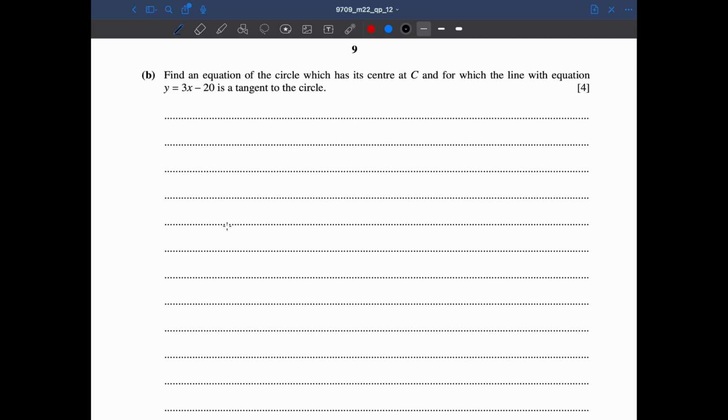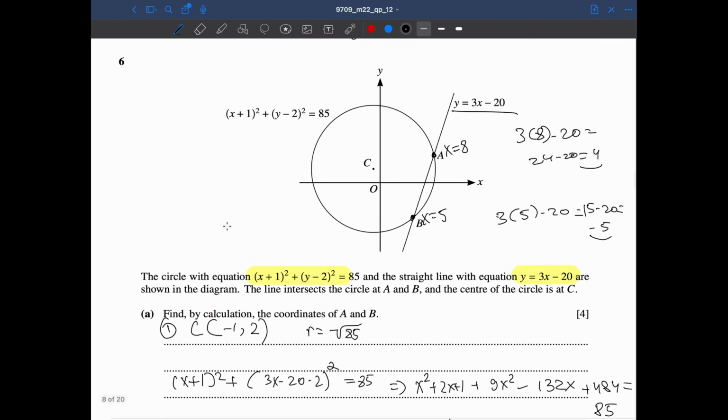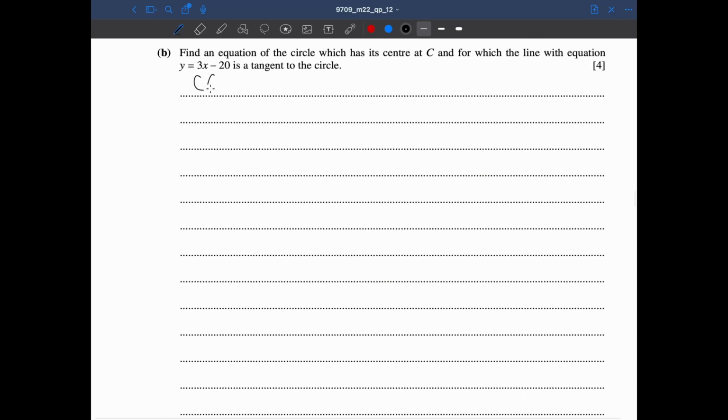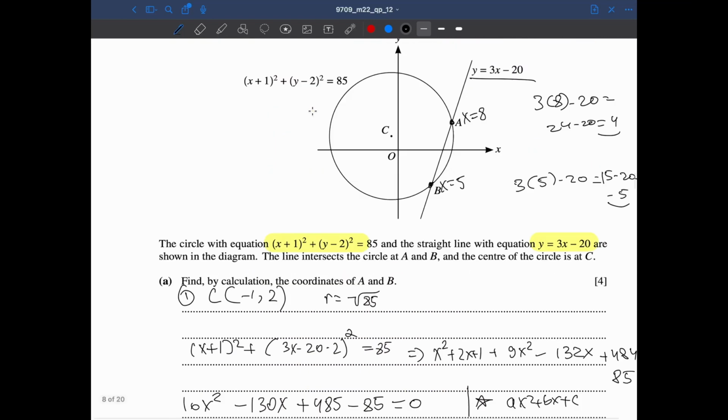Find an equation of the circle which has its center at C. And what was the center C? It was minus 1 and 2. So C is minus 1 and 2. And for which the line with the equation is tangent to the circle. So we should make it tangent to the circle.